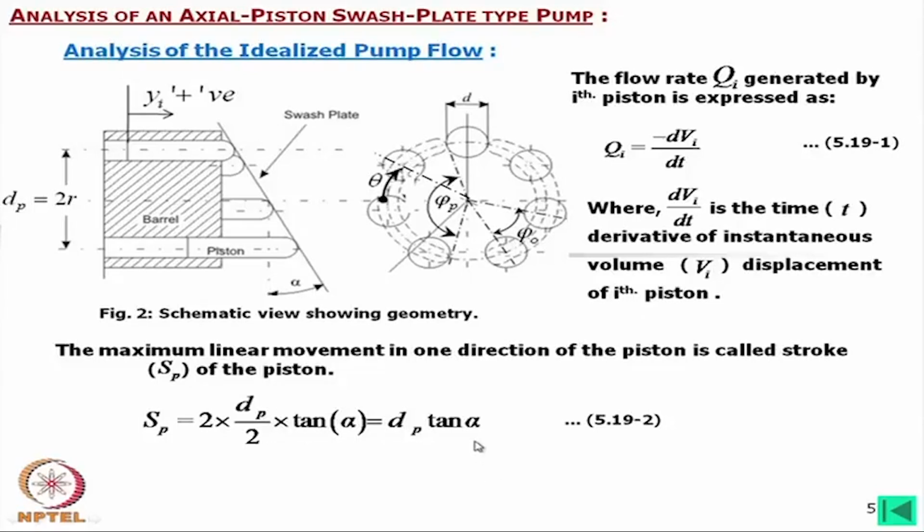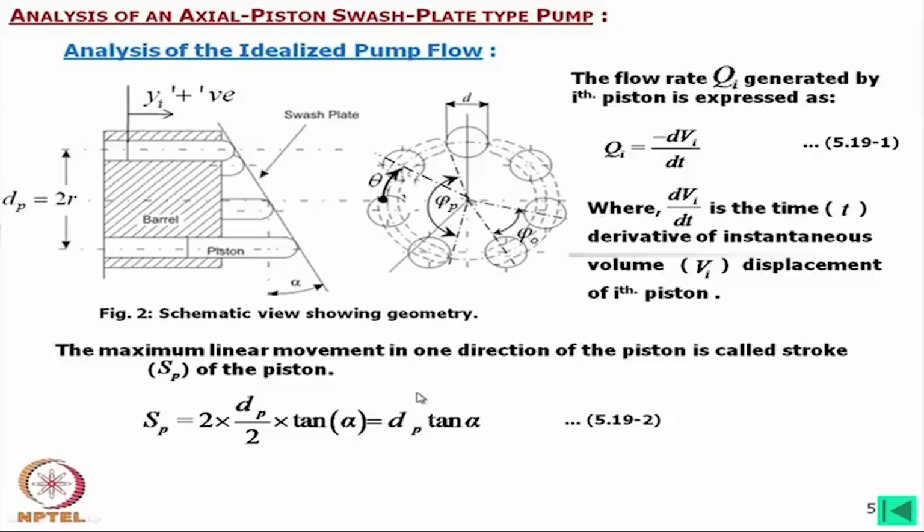If we consider from this point to this point, one piston will move in a linear direction by this amount, and it is called stroke. This definitely will be fixed for a fixed swash plate angle. That means tan alpha itself is fixed.